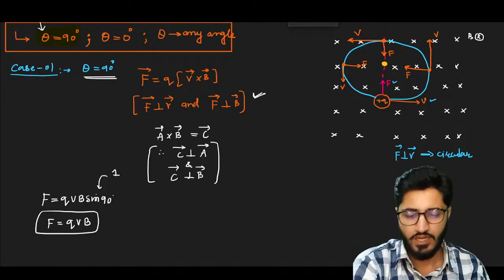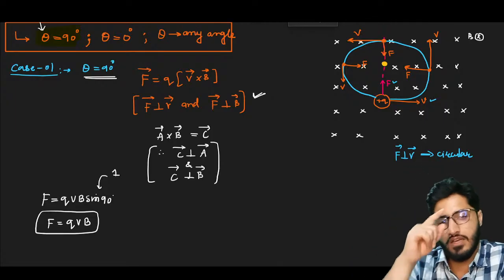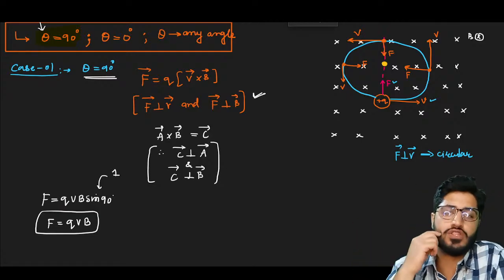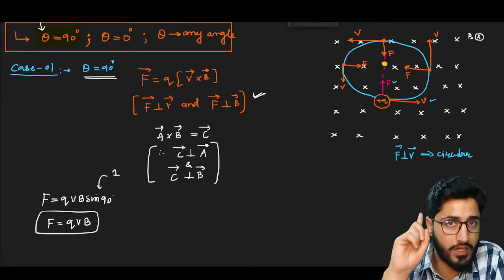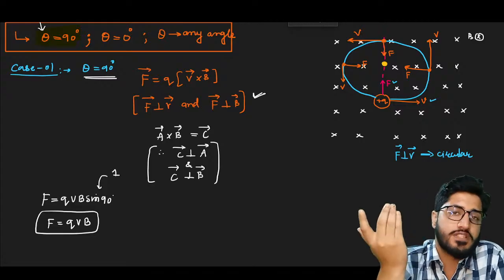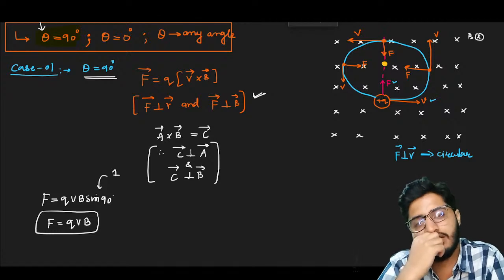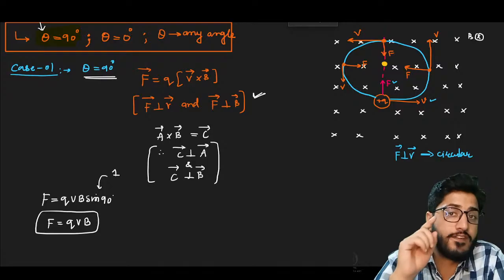Now you can see from this figure, your particle is doing a circular motion. And which force is governing this circular motion? I guess this magnetic force. Due to this magnetic force only, your particle is describing a circular motion.